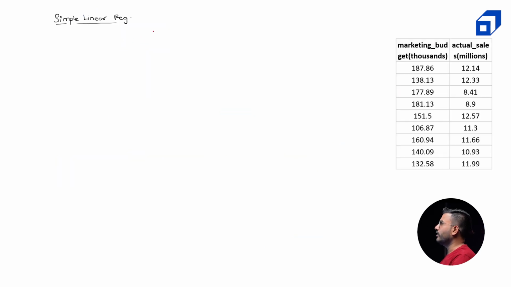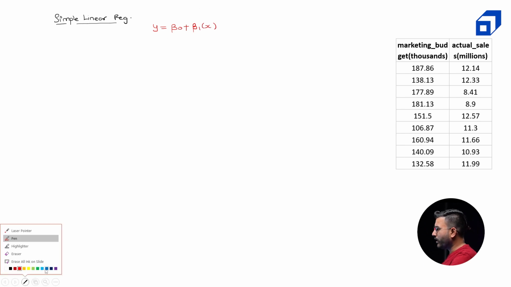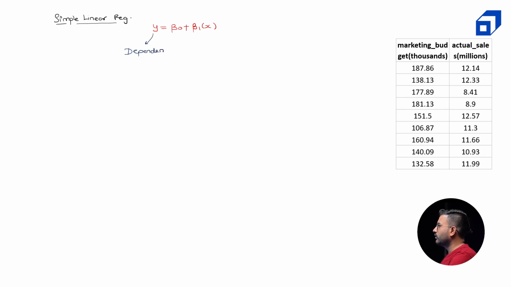So in simple linear regression, the expression looks like this: y is equal to beta naught plus beta 1 of x. Now here, the point to be noticed is we have a dependent variable and we have one independent variable, and we are trying to figure out the relationship between them.